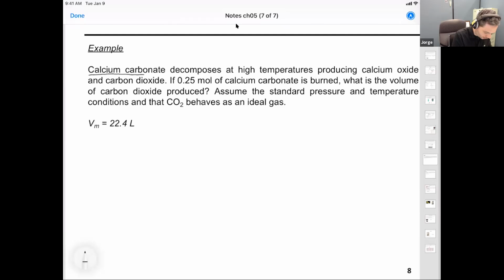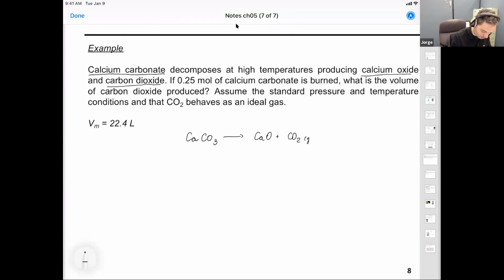And again, we circle back to nomenclature. Calcium carbonate, CaCO3. That's going to be heat up and produces calcium oxide, CaO, and carbon dioxide, CO2.